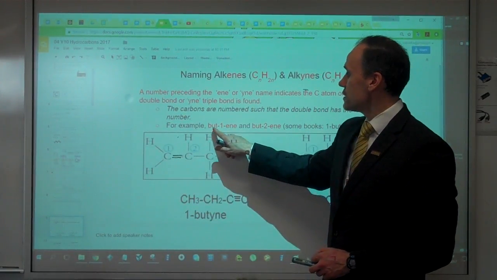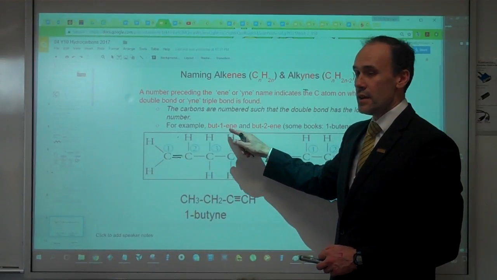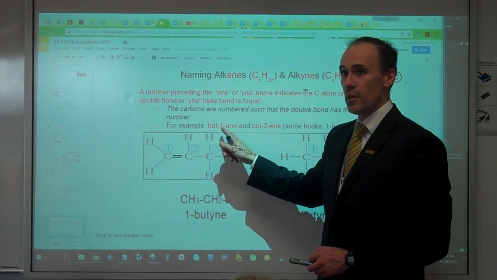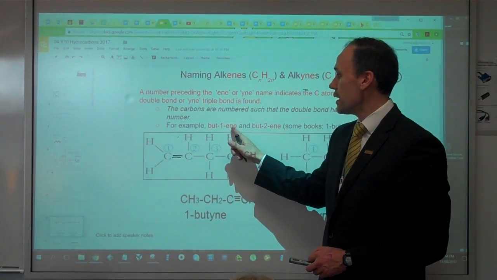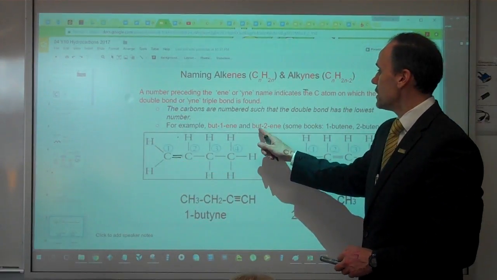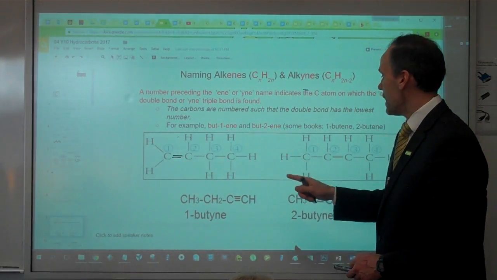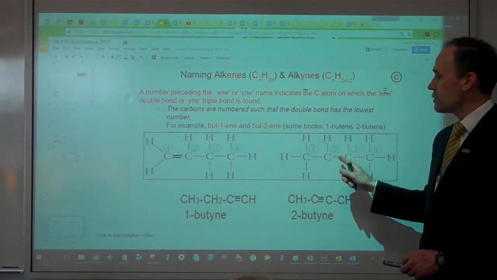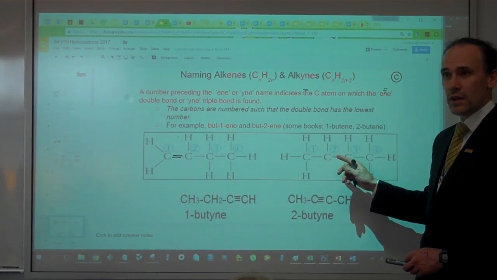So the name of this is but-1-ene. The 1 refers to the first carbon having the double bond. So but-1-ene has a double bond at position 1 carbon. But-2-ene has the double bond at the second carbon. So that's what's happening in terms of a naming convention.